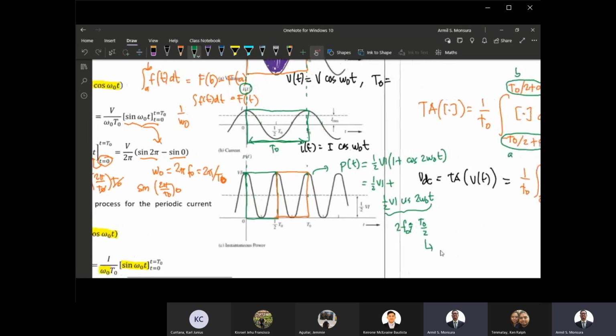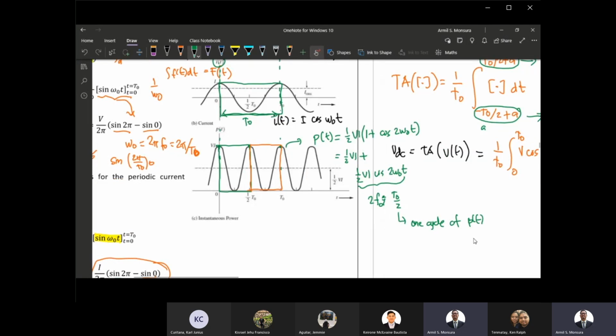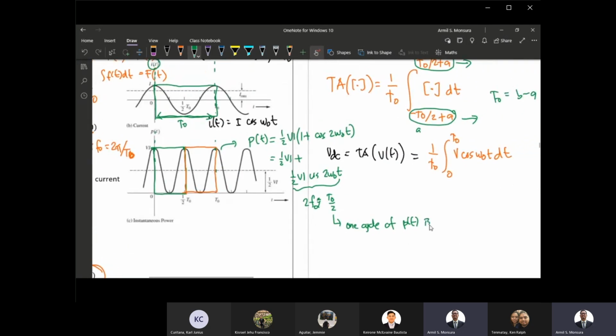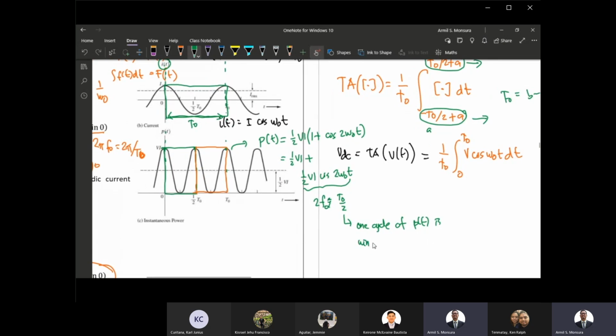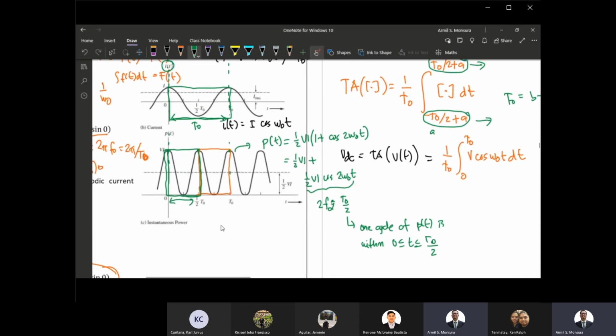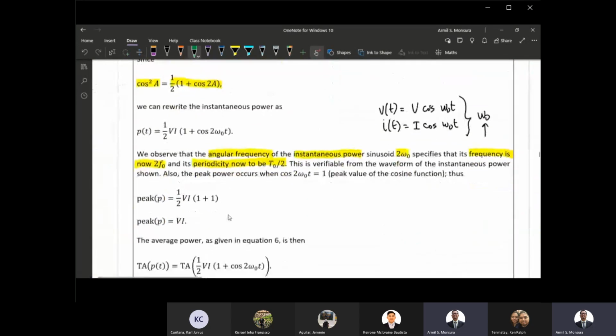It means that one cycle of p(t), or of your instantaneous power waveform, is within 0 up to T0 over 2. Ito nga yun. Yan. From 0 hanggang 1/2 T0, you can have one cycle of your instantaneous power. Okay. So yun yung isang observation natin.